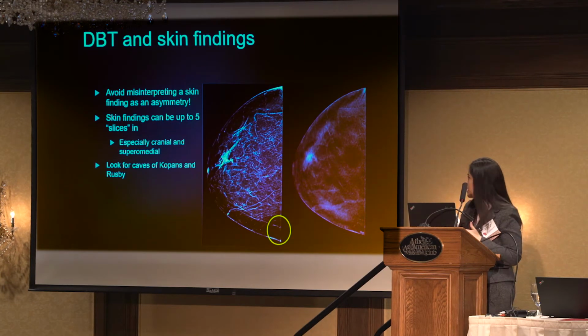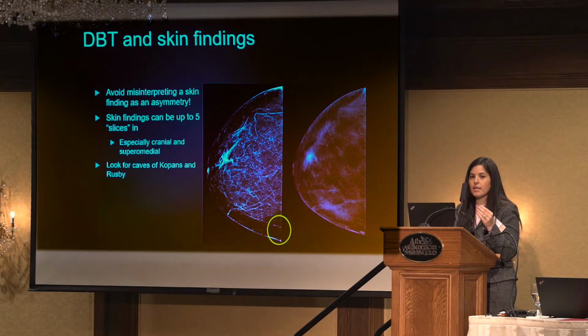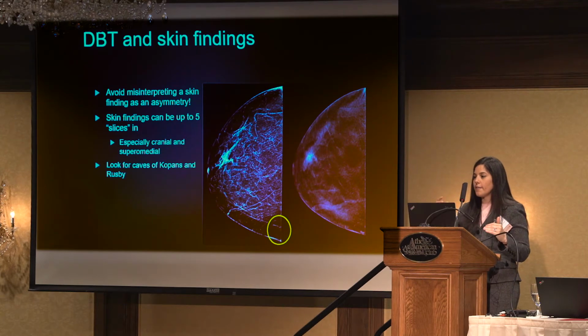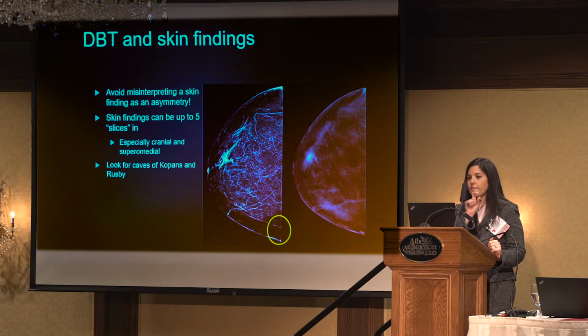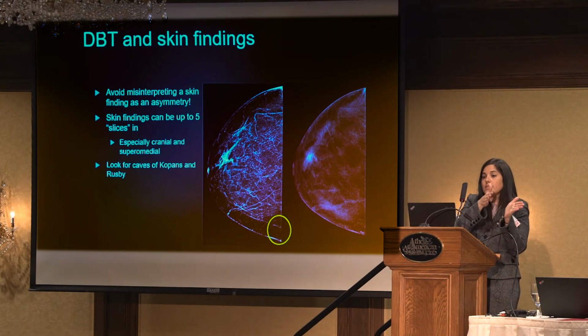All right, we're running short on time here, so skin findings, usually straightforward. Typically they're marked with a marker, or you can tell because they're outlined by air. But one thing that tripped us up initially is that it doesn't have to be on the most superficial slice. So the way the images are acquired, there are 5 extra slices added to the cranial and superior medial aspect of the acquisition, because the breast thickness is variable, right?